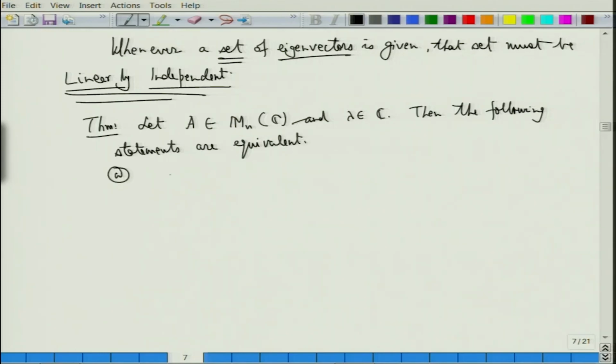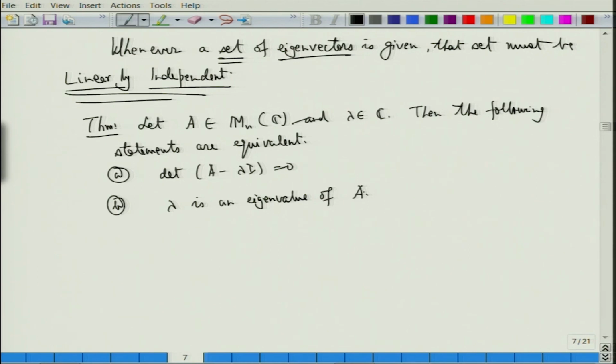A: determinant of A minus lambda I is 0. B: lambda is an eigenvalue of A.